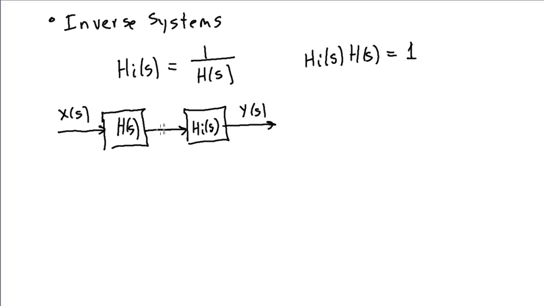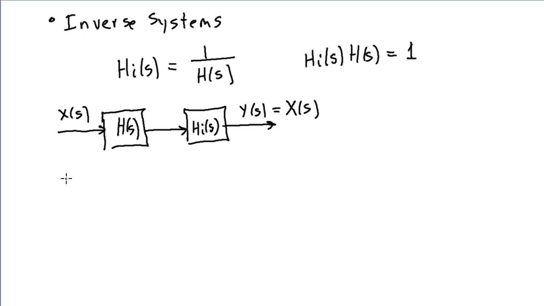We can determine this intermediate output out of the first system, the zero state response, by multiplying H(s) and X(s), and then we can find the total output by taking that and multiplying by Hi(s). But since their product is equal to 1, if Hi(s) is the inverse system of H(s), then the output will be equal to the input.